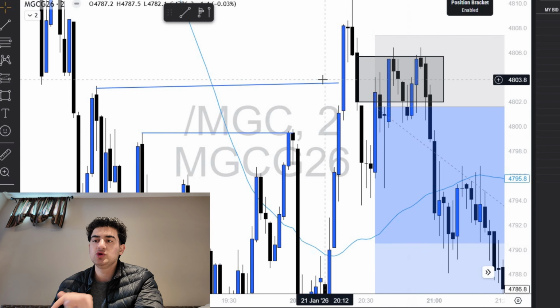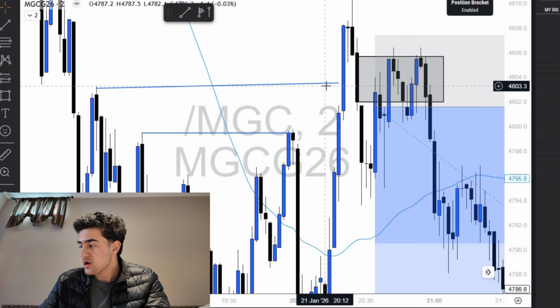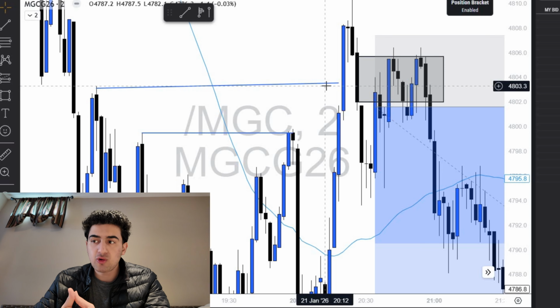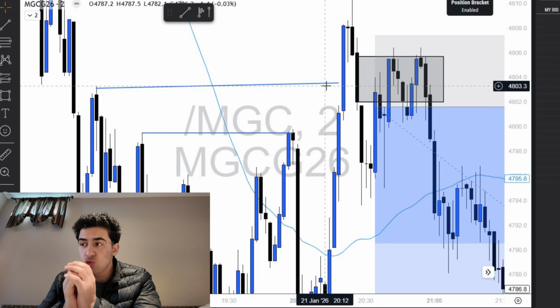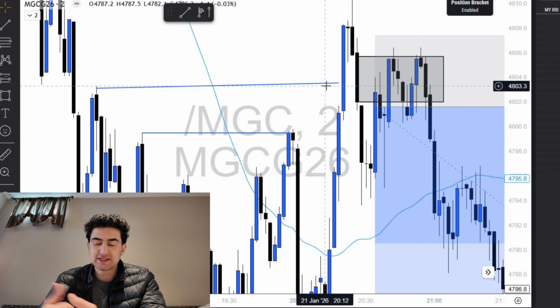Whenever you take a trade, you have to have a reason why you're taking it. If you don't know what you're doing, or how you're executing, or why you're taking this trade, do not take it, or you're basically gambling.